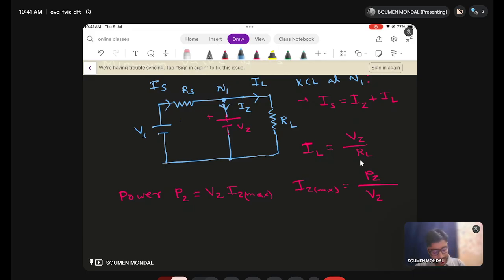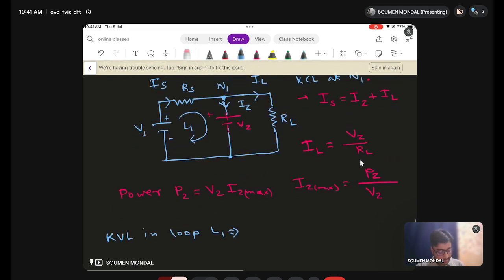Okay, so now it's very easy to calculate the RS. We can apply KVL in this loop, loop L1. Sorry, my bad, I'm going in that direction, so it will be Is Rs, since I am going in the direction of the electric field, plus Vz, here I am going in the opposite direction of the electric field, minus Vs, and equal to 0.